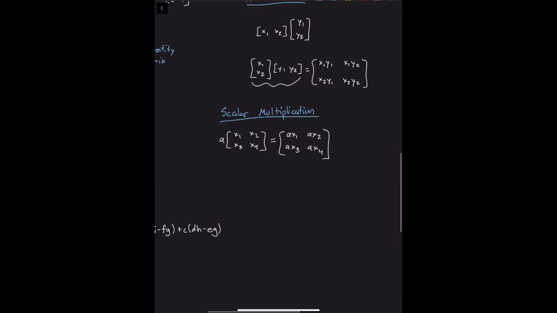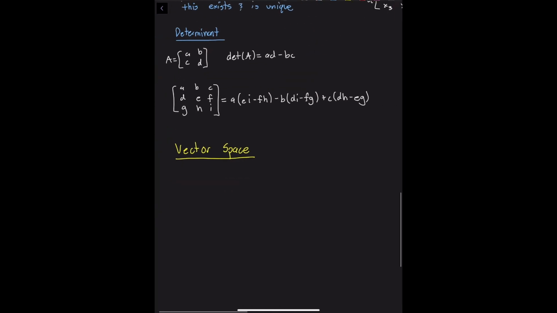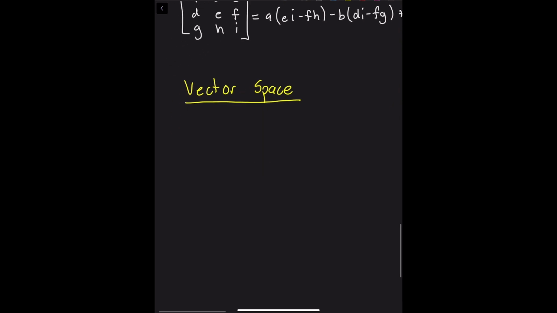And that property needs to hold to be a vector space. Another important thing is that a vector space must include the origin. So like the vector 0, 0 has to be in the vector space.